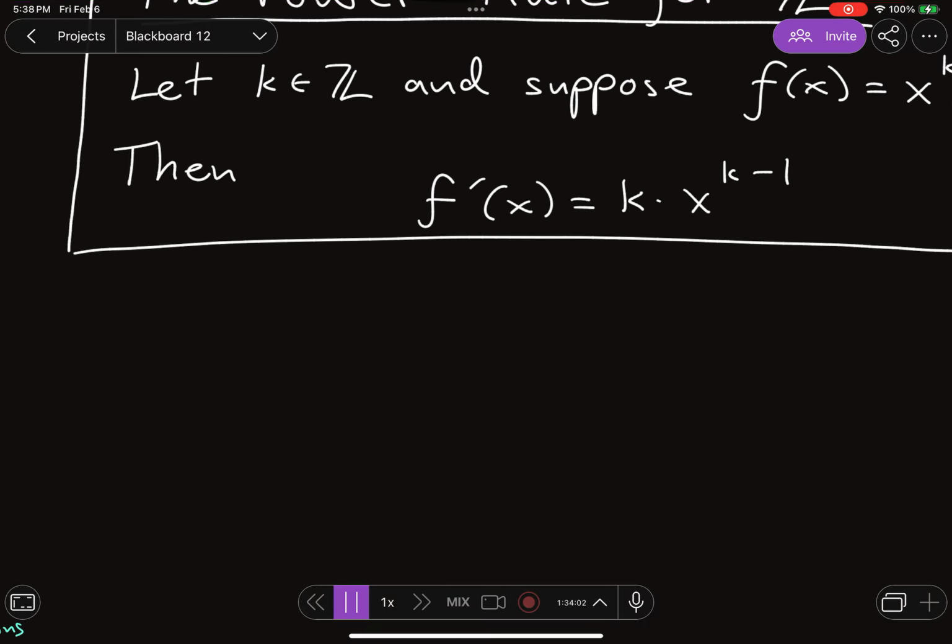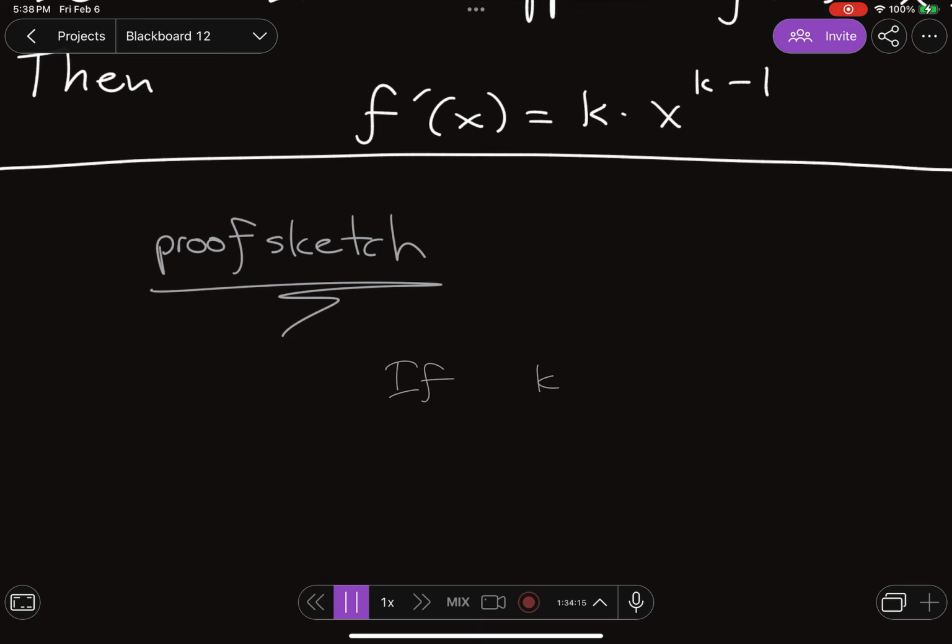So, proof sketch. I'll do it in gray. Fill in the details since you are a mathematician. If k is less than 0, since k is an integer, that means that k is equal to negative n for some positive whole number n.